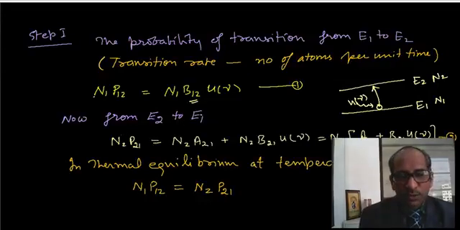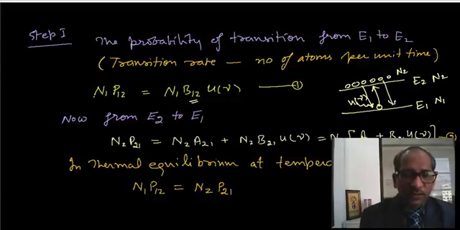Now from E2 to E1, N2 P21. The excited atoms are N2 in number. So how many atoms are coming into the ground state, spontaneously and by the stimulated emission process? Those are combined here.